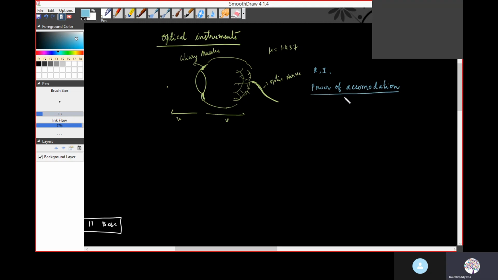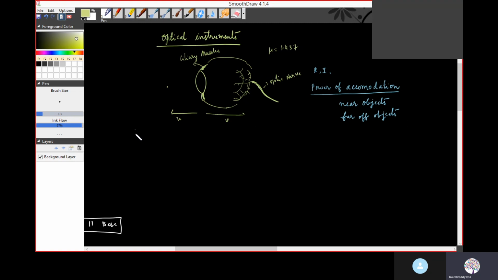The ability of the eye lens to see near objects as well as far off objects is called power of accommodation.